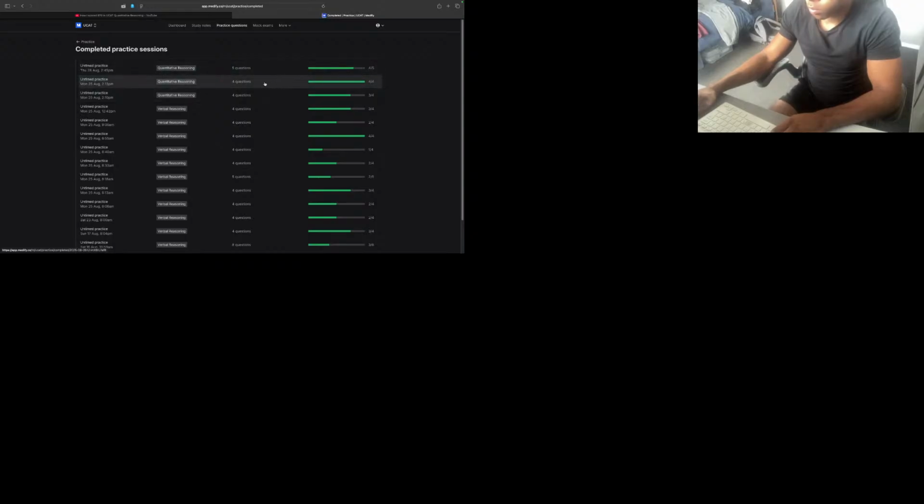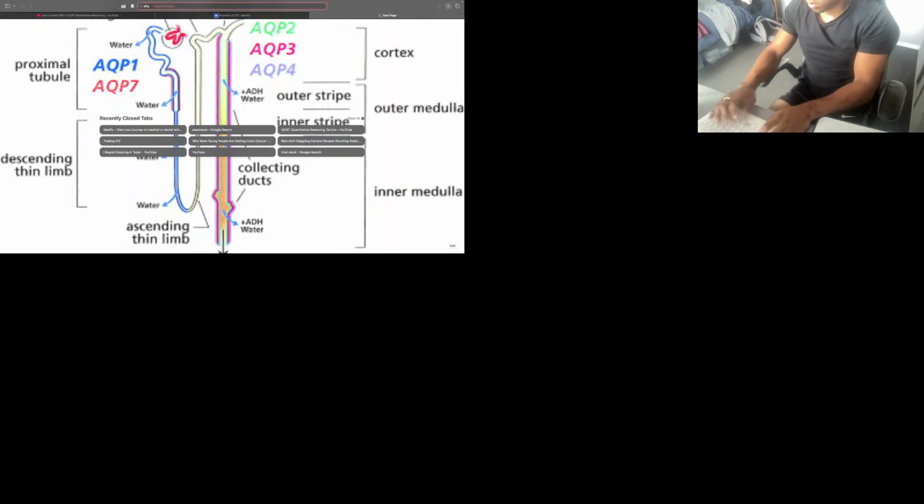I just find the difference. It doesn't make sense because I haven't even got that many questions wrong. Oh, it's probably because of the mock test I did after.